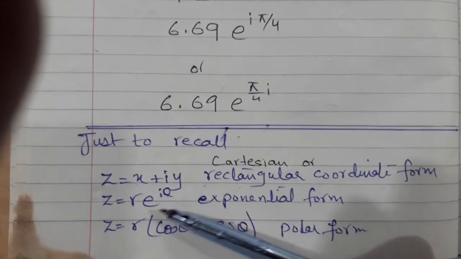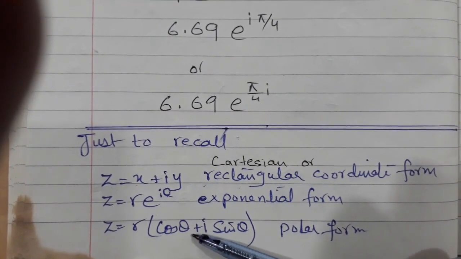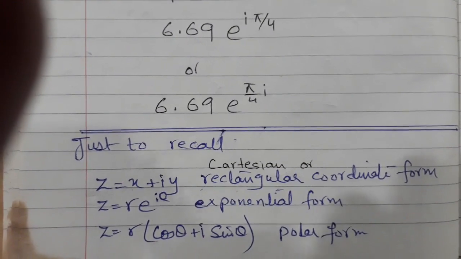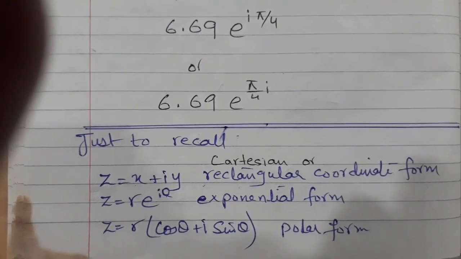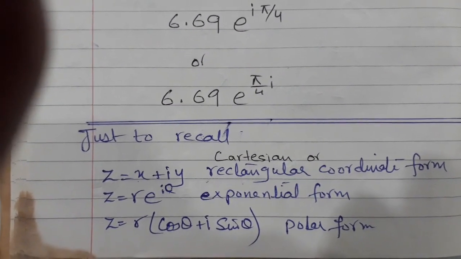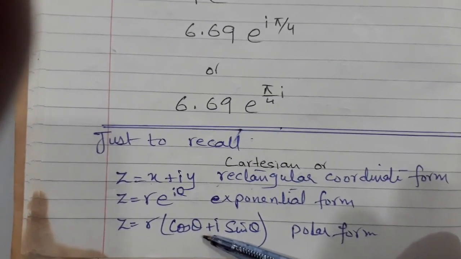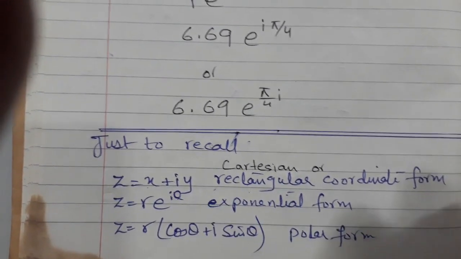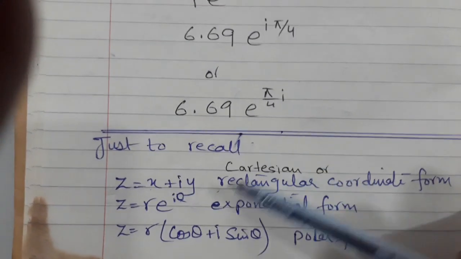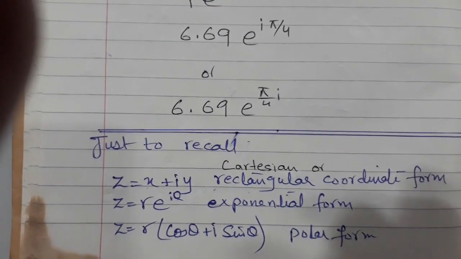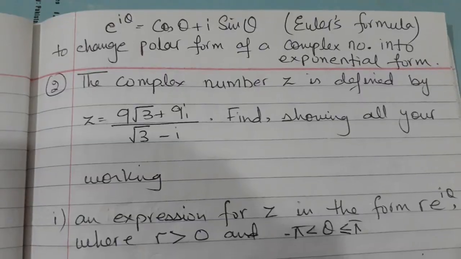Just for your knowledge, e^(iθ) equals cos theta plus i sin theta is Euler's formula actually. This formula is used to change the polar form of a complex number into an exponential form. So equating this is actually Euler's formula.